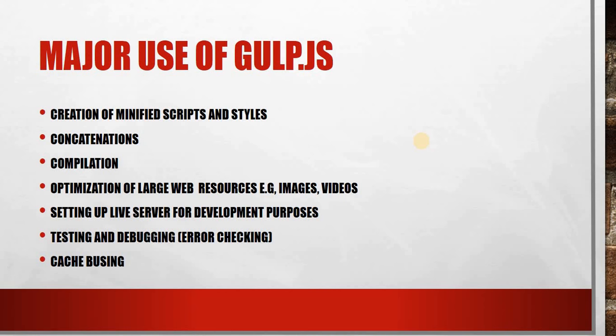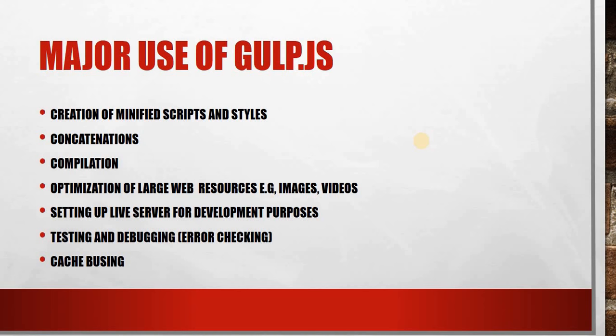Now, the major uses of Gulp. It's very important you know the major uses of Gulp. It's used to minify scripts and styles. For example, the JavaScript files, it will help us to minify them, like remove the comments and put them in a single file. And what do you think is the purpose of the minified version of a script or a style sheet? The main purpose is that it helps the web browser load these scripts very fast.